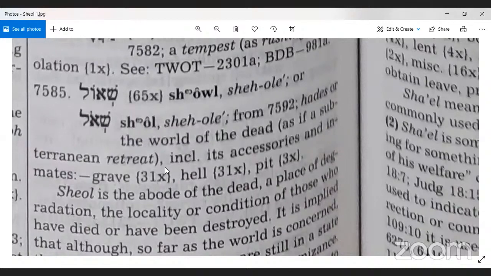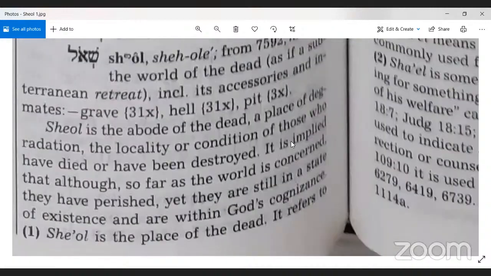Okay, so now do we agree that it is implied? Does the meaning imply that, so far as the world is concerned, they have perished, yet they are still in a state of existence in the Most High's mind?